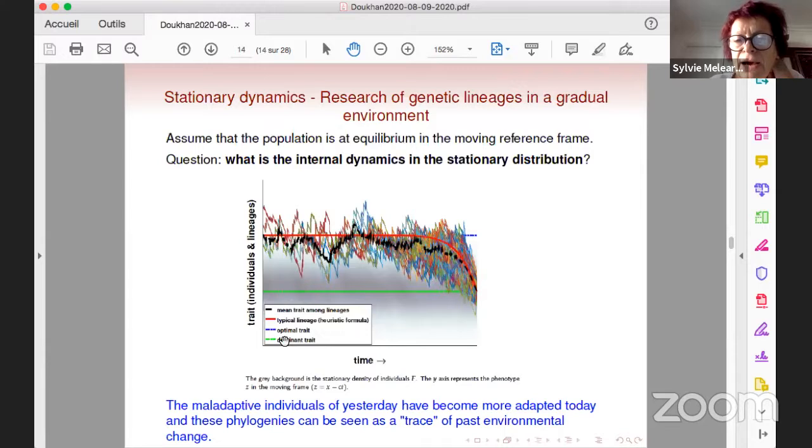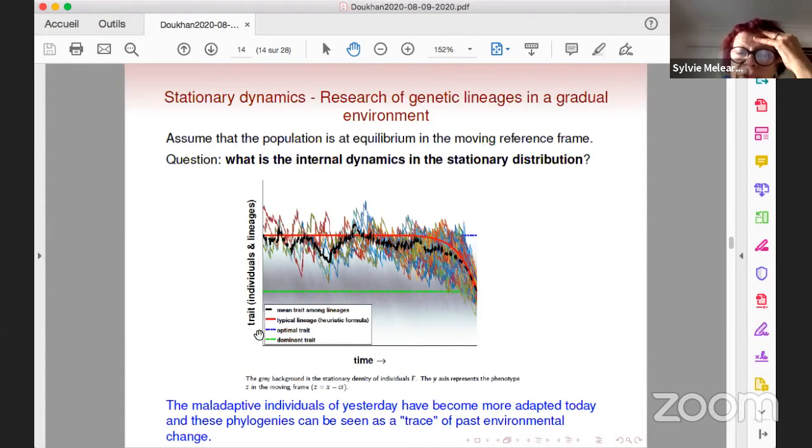Okay, so now I come back to my initial question. We stay in the same framework, and here there are simulations due to Florian Patout. And so what does it mean? We have seen that we have this stationary equilibrium for the stationary function for our PDEs in the moving framework.